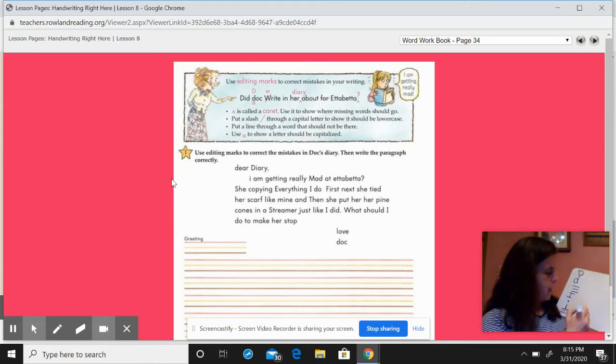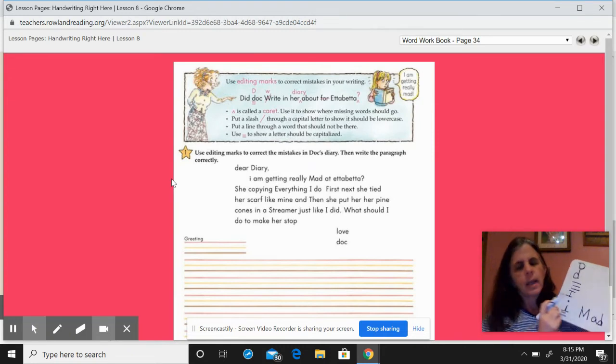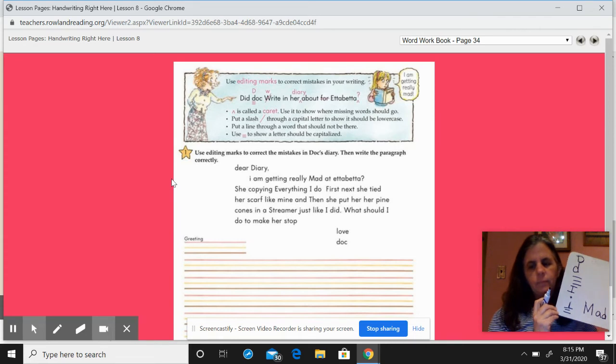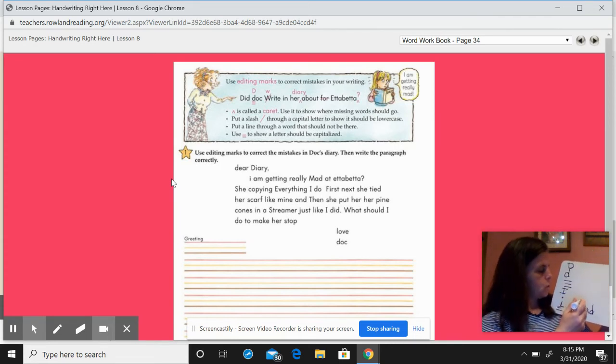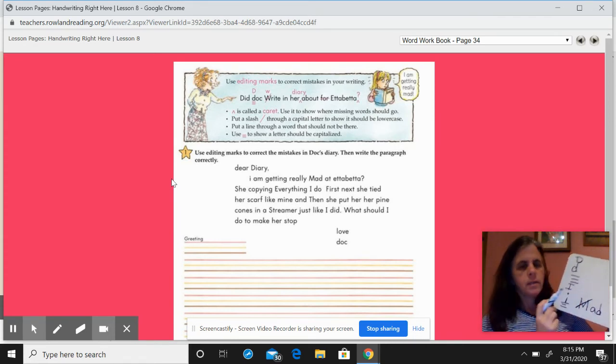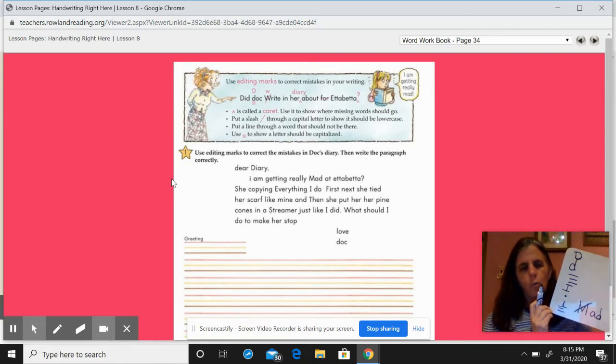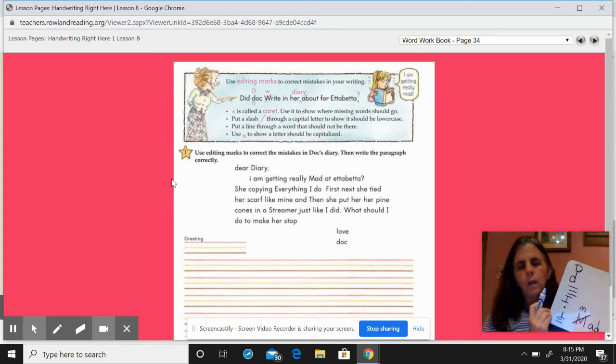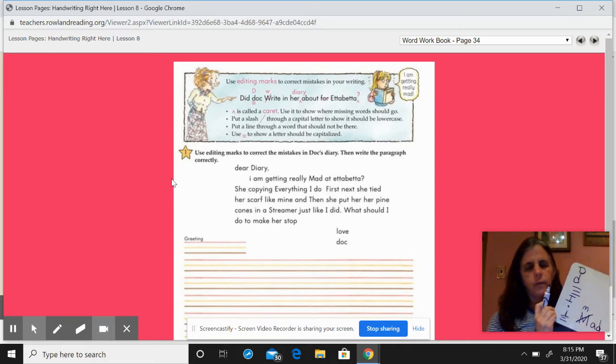So look at mad. Should the M in mad be a capital letter in the middle of a sentence? That's right. No. So we want to put our diagonal line or a slash line through the word mad and put a lowercase m at the top. And then let's keep looking. There's another 2 errors in this sentence.